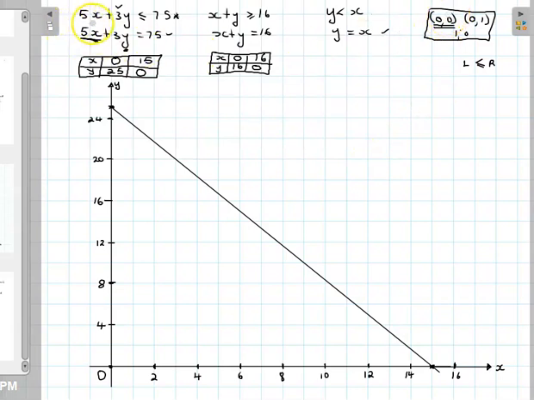So 0, 0 means x will be 0, y will be 0. We substitute it in our inequality here and see whether the result will be the same. So we have 5x plus 3y. This side we have 75. If we put 0 here and 0 here, this whole thing becomes 0, and this side we have 75.